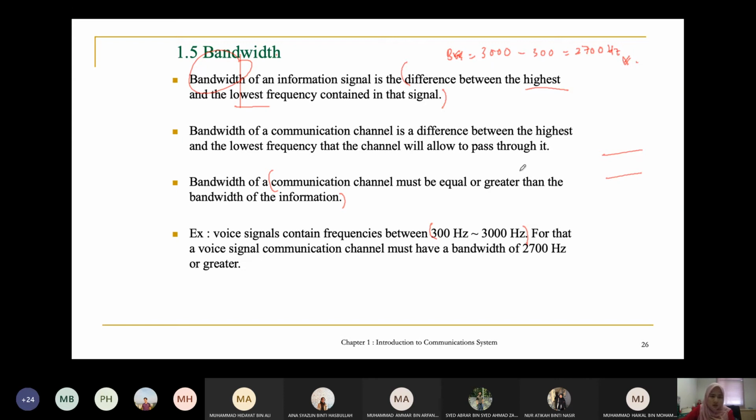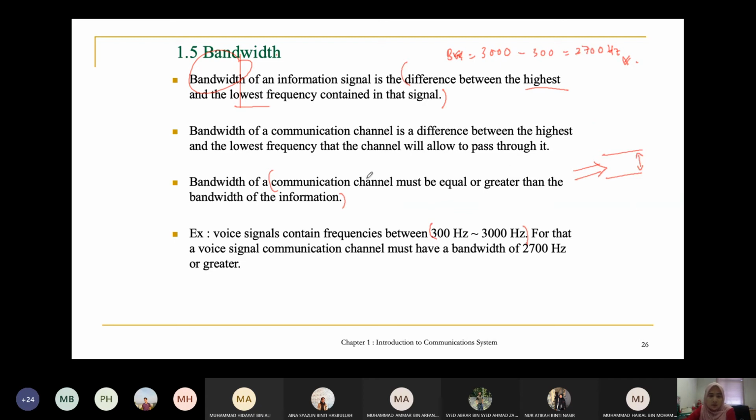So this is the bandwidth of the communication channel, and the bandwidth of the information must be smaller than or equal to the bandwidth of the communication channel.